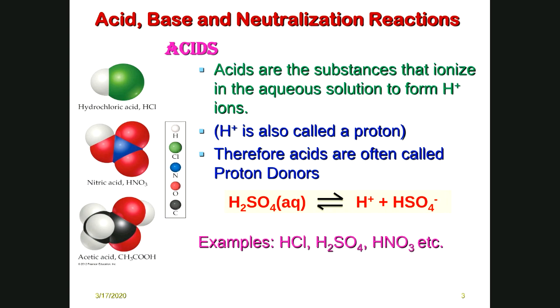Here is one acid, sulfuric acid. It's a proton donor. When you put it in water and dissolve it, it breaks up into its charges: one is H plus, which is a proton, and the other is the negatively charged part. There are many acids: hydrochloric acid, sulfuric acid, nitric acid, and so on.